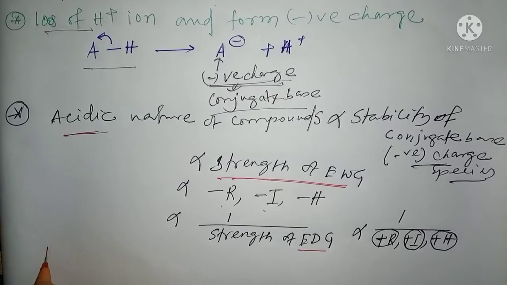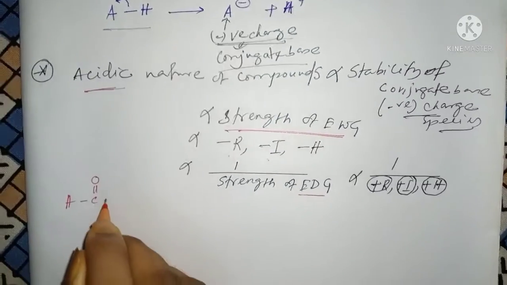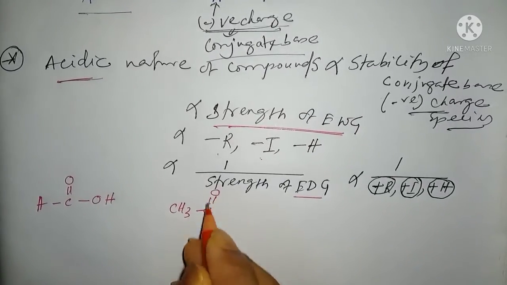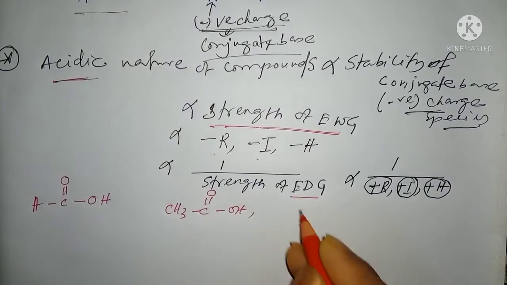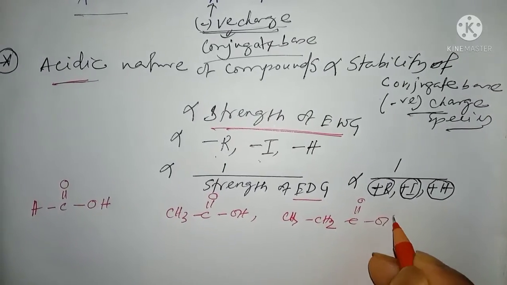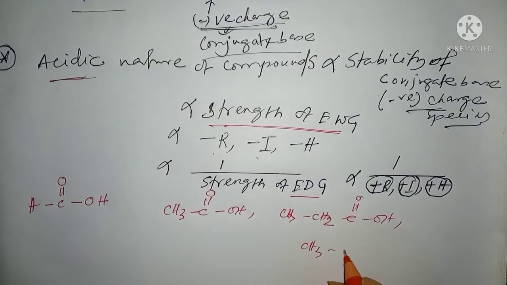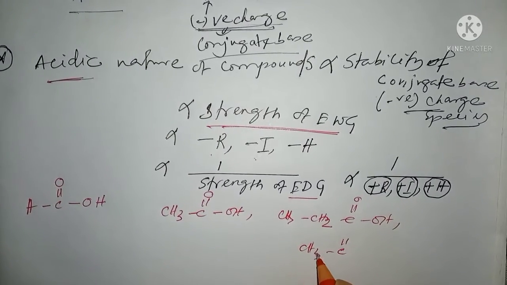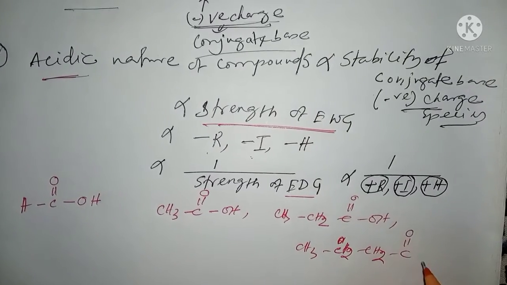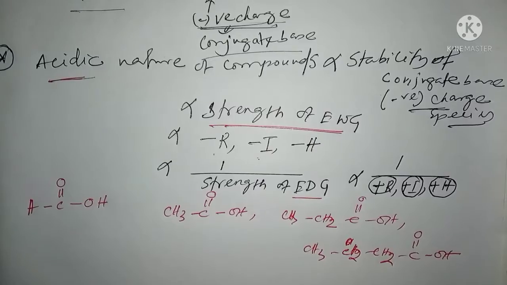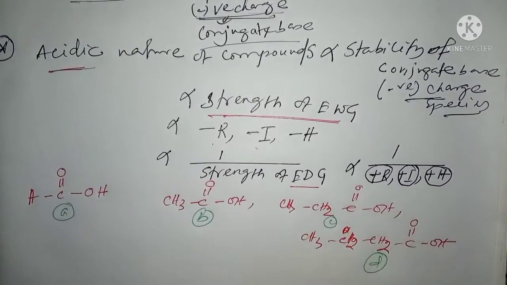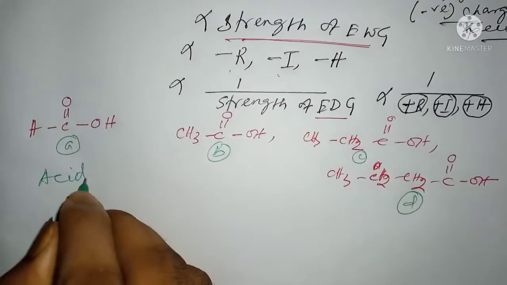Now an example: HCOOH, CH3COOH, CH3CH2COOH, CH3CH2CH2COOH. These are A, B, C, D. Acidity order?